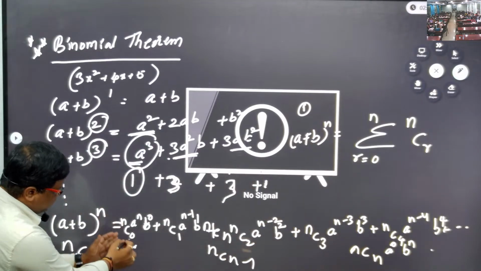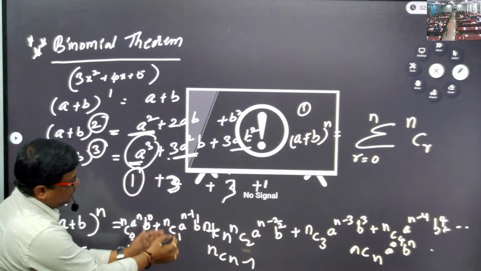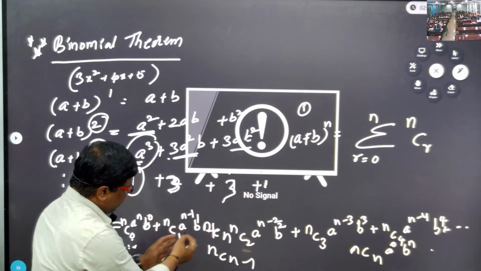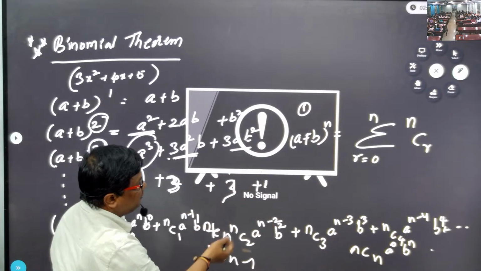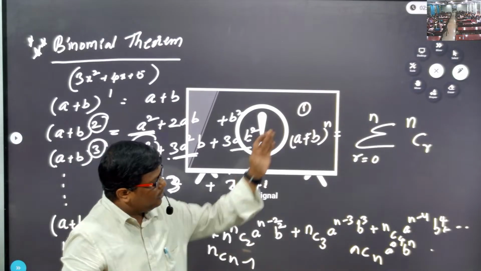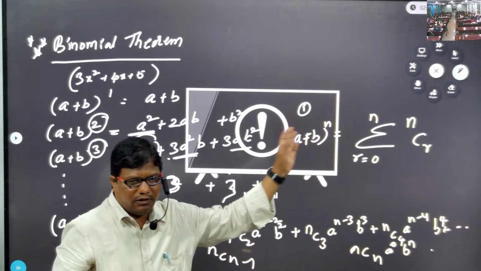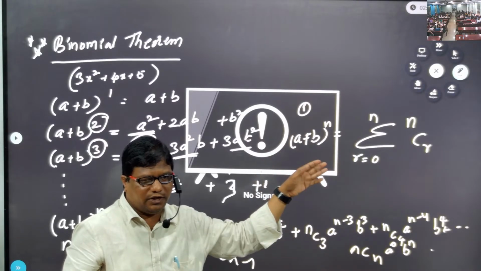If your C value is 0, your r value is 0. If your C value is 1, r value is 1. C value is 2, r value is 2. C value is 3, r value is 3. Similarly, if your n value is 1, 1C1. If your n value is 2, 1C2. If your n value is 3, 1C3.